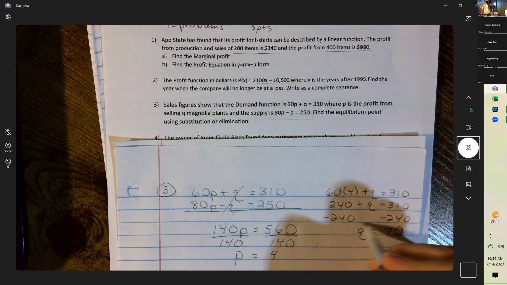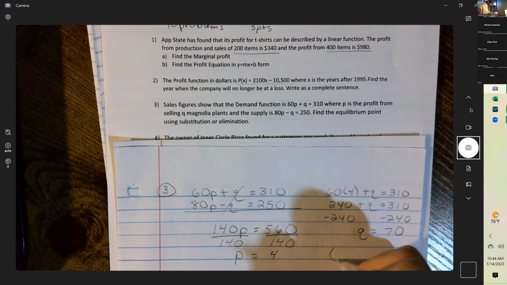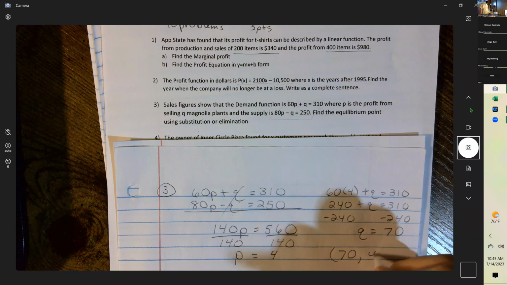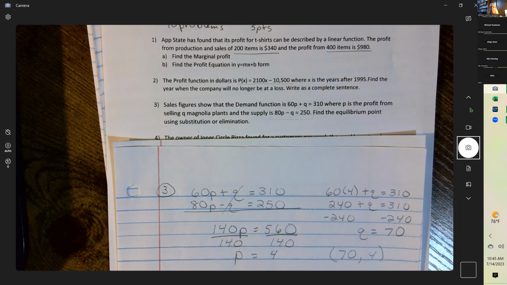You could just write the two values, or you could put it as a point. Quantity goes first. Any questions on that? That would be this one.